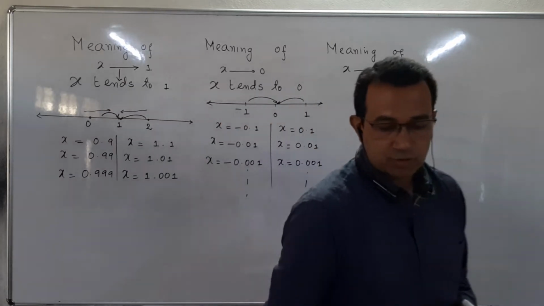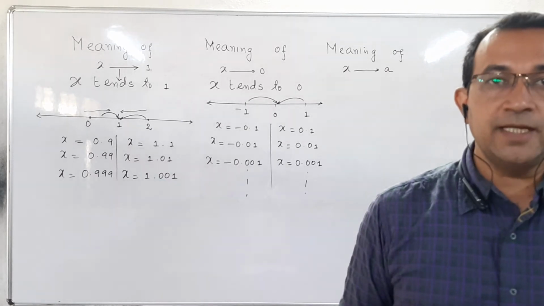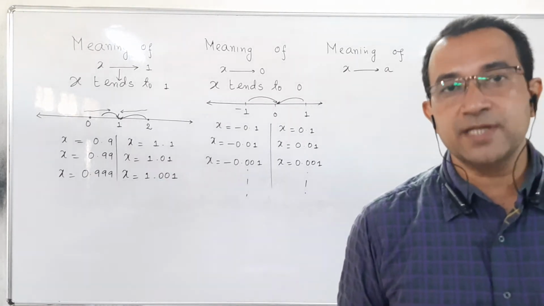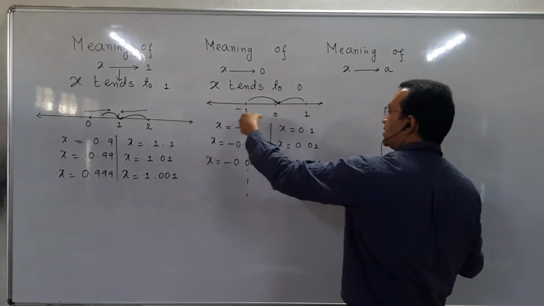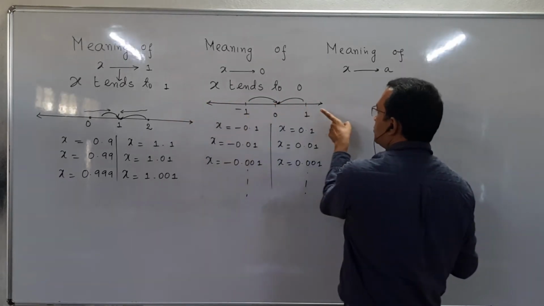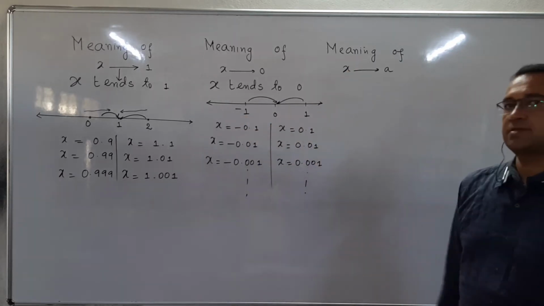So whenever, students, you are approaching any number from left hand side, on the number line, when you go from left to right, x increases. When you go from right to left, x always decreases.